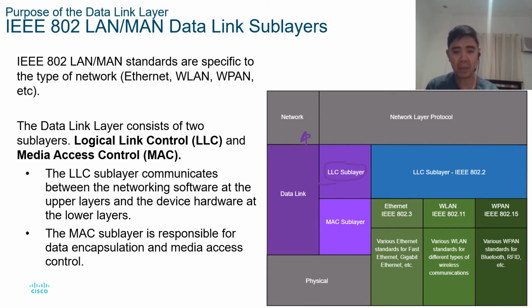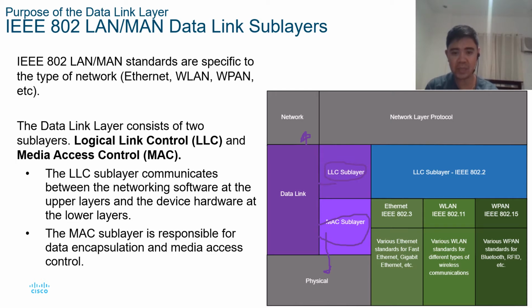The MAC sublayer, MAC stands for Media Access Control, is the one responsible for data encapsulation, media access control, and in general preparing the frame from the data link going down to the physical layer.